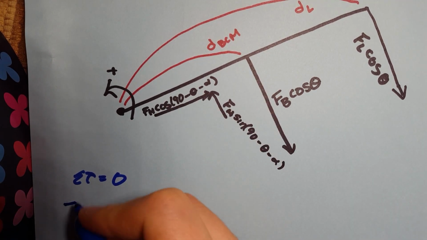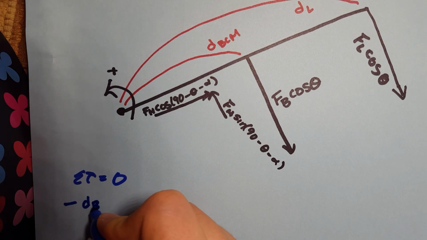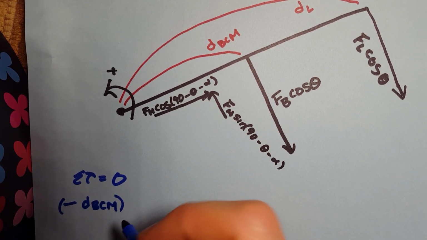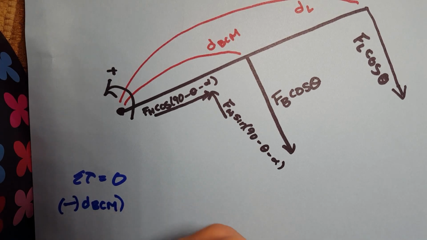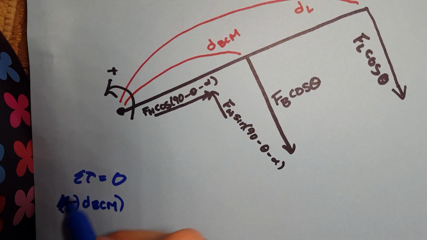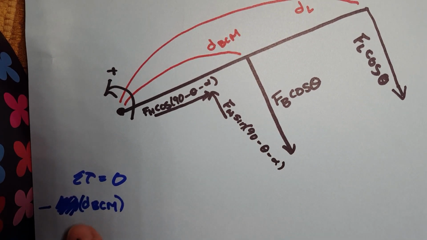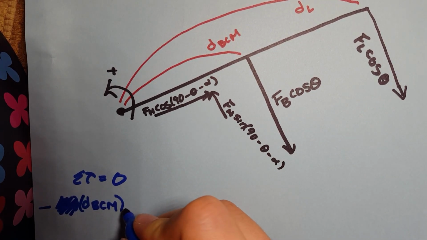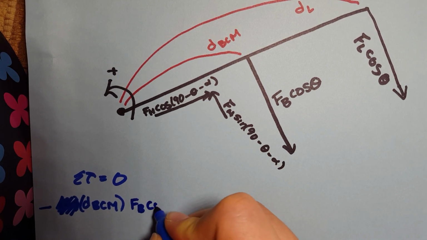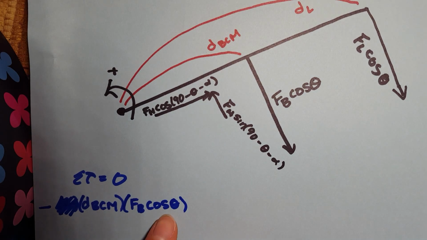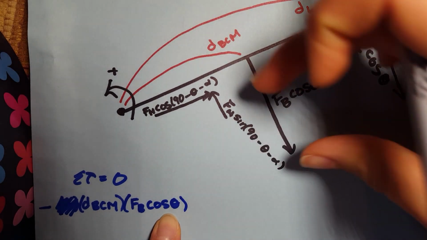So we have negative dBcm, well, I'm just going to get rid of that. Okay. The whole thing is negative: dBcm times FB cosine theta. Okay. So that's this right here.